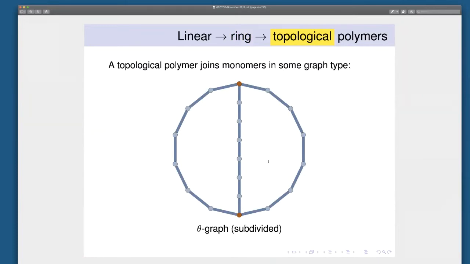Okay, so a topological polymer is different from a linear or a ring polymer in that it joins the monomers in some graph rather than simply a cycle or a linear chain. The way this is usually done is that there are chemical groups that form the junctions, which are usually of known valence, 3 or 4 or 5 or something. And then there's a different monomer that has two-way junctions, and then some chain of monomers forming arcs.